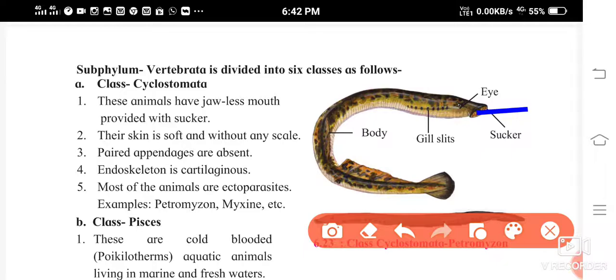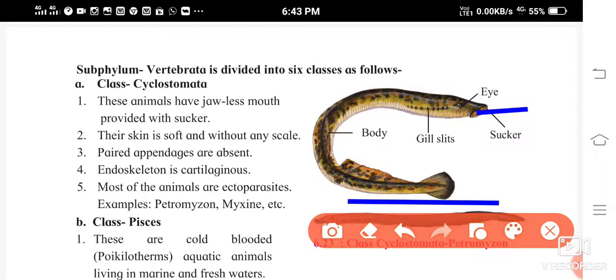Paired appendages are absent. You can see in this figure itself, there are no appendages, right? So no paired appendages are present. Then the endoskeleton is cartilaginous, the inside skeleton is made up of cartilage. Most of the animals are ectoparasites.